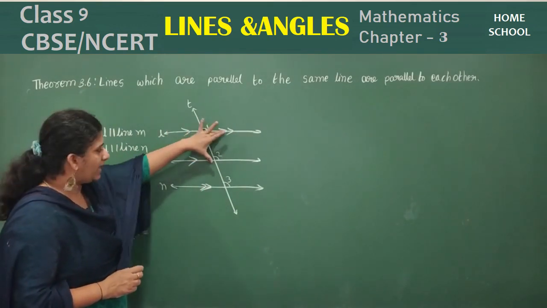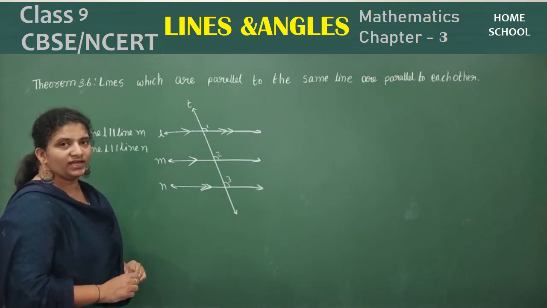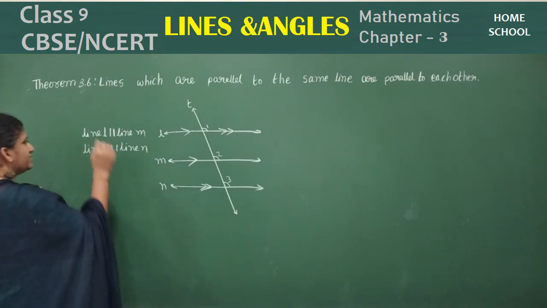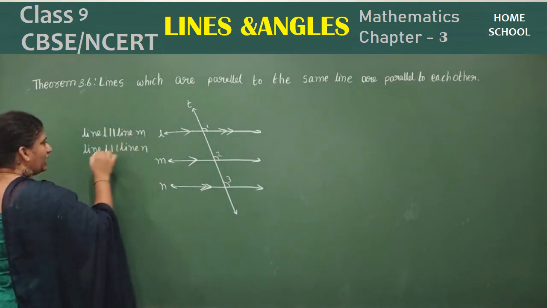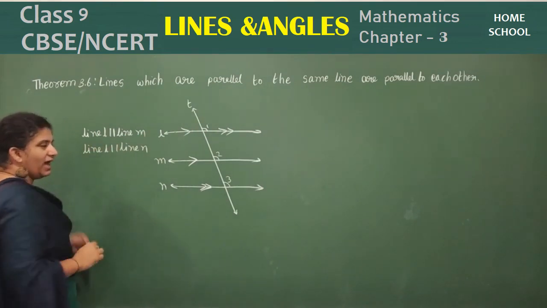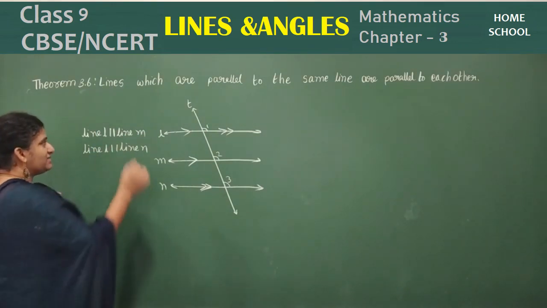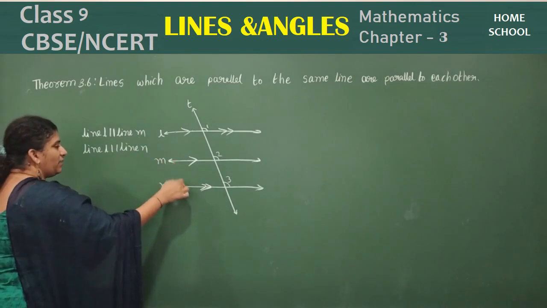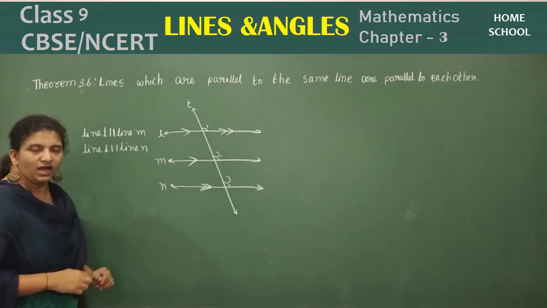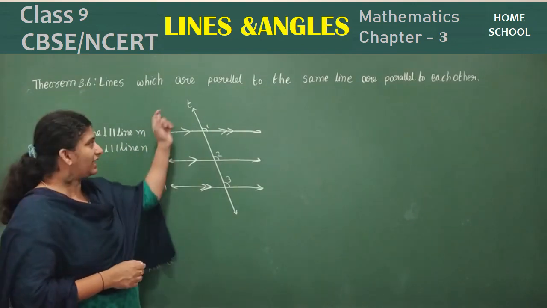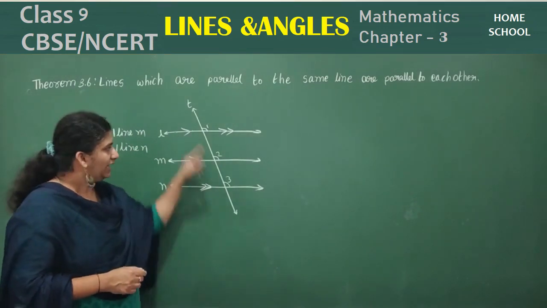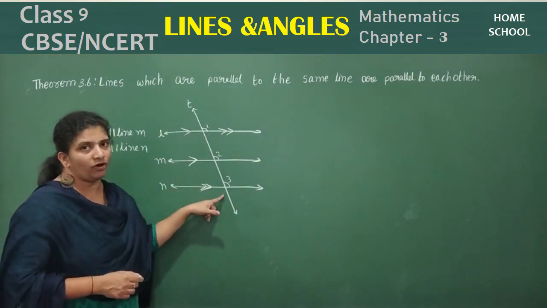L parallel to M, L parallel to N. Then finally what are you going to say? I can say that line M is parallel to line N. How can I prove that? By taking a transversal T intersecting them, right?